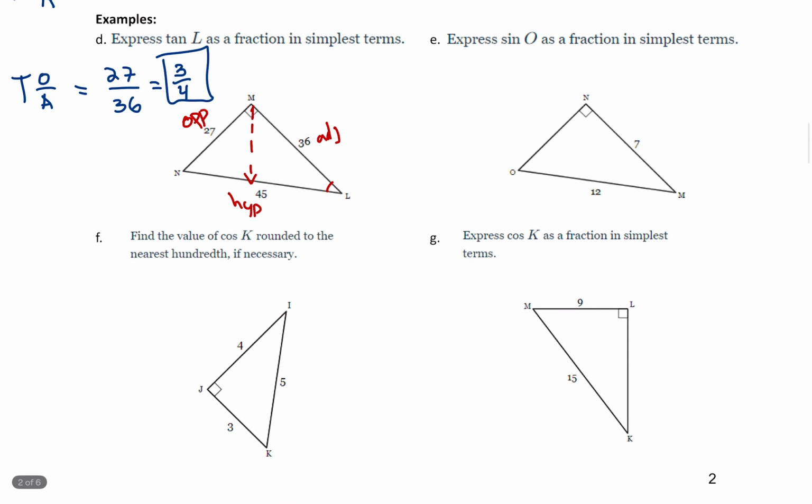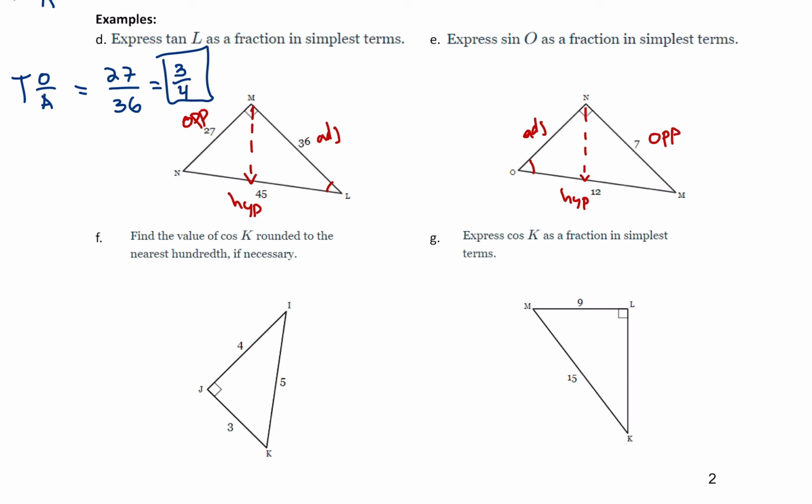Looking at example E, it wants the sine of O. So O is the angle I'm going to use. So I'm going to do this angle down here, angle O. I need to label my sides. Hypotenuse is the easiest one to label. I'll label that one first. Then the adjacent's the second easiest because it's always touching this angle. And then that leaves 7 to be my opposite.